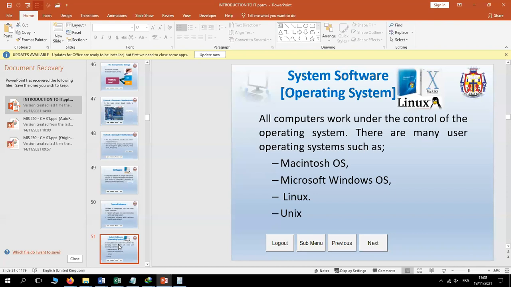Then we have Android. Most of the smartphones we have use Android as the operating system. Then Windows is another operating system. Then Shirok has talked about iOS.